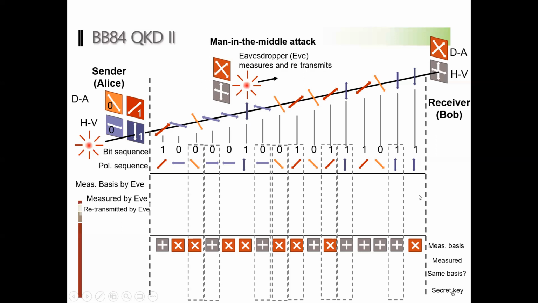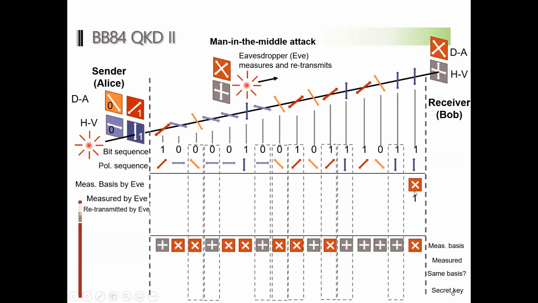Let's say that for the first photon, Eve just chose the same basis as Bob did, and in this case, she might have obtained one as a random result.